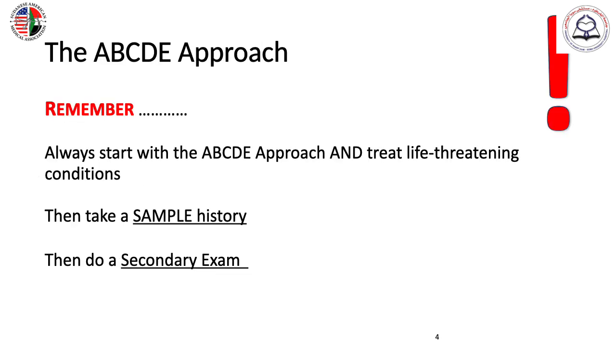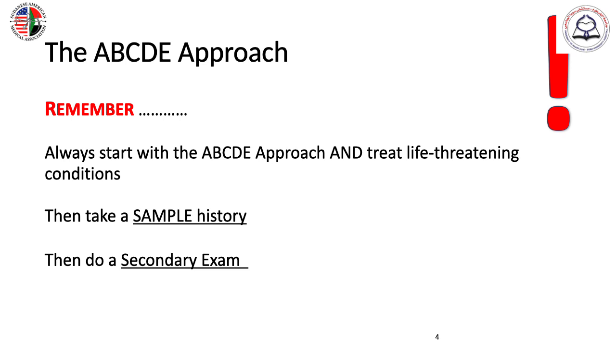Whenever you have an acutely ill or seriously injured patient, consider starting with the ABCDE approach. Always start with the ABCD approach and treat life-threatening conditions. Whenever you find a problem, fix it. If it's an airway problem, fix it before you move to breathing, and you fix breathing before you move to circulation.